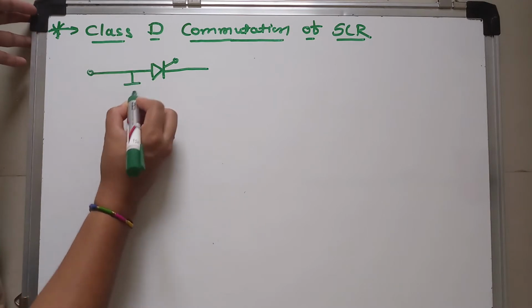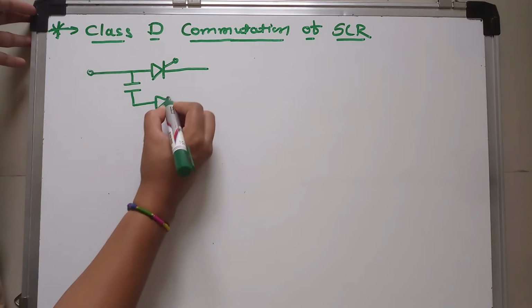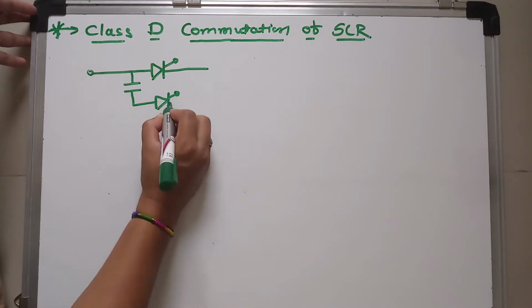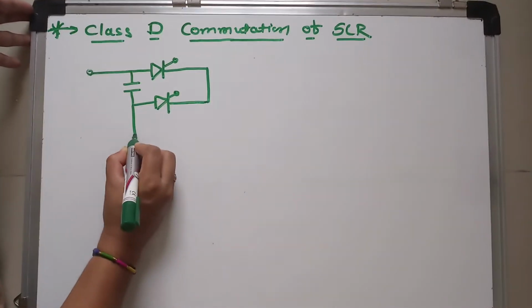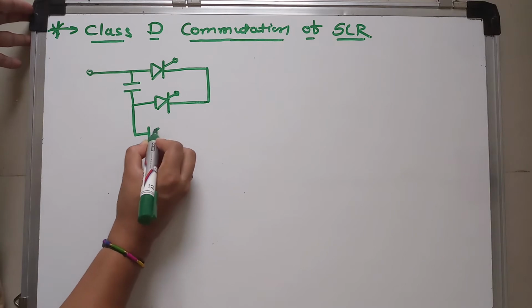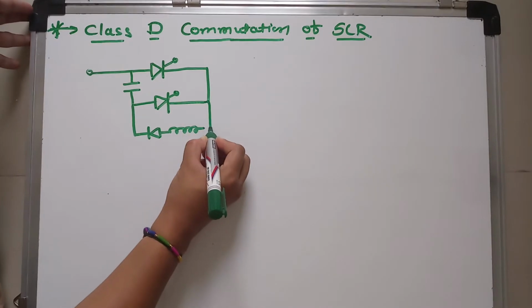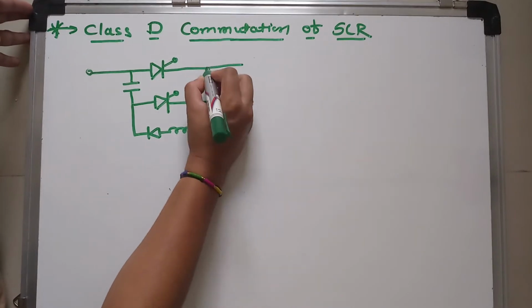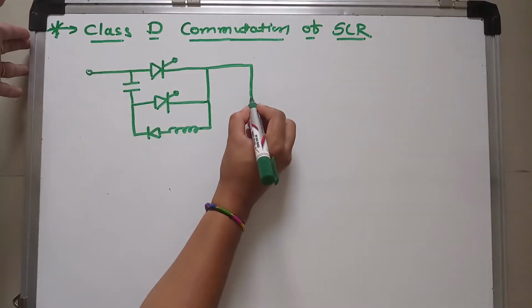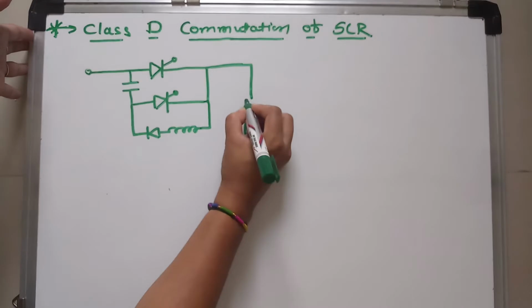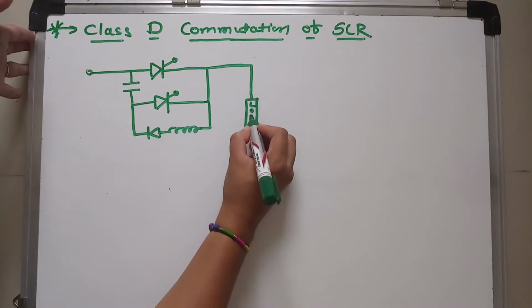Here one capacitor is there, then here one auxiliary thyristor is there, here a diode and an inductor, then a load is connected.